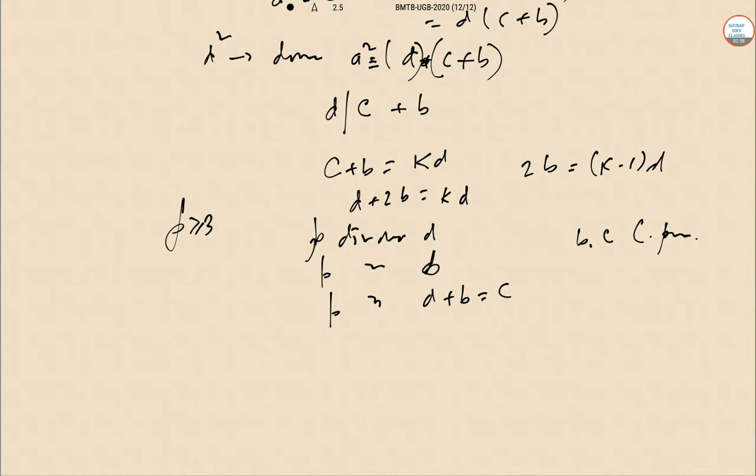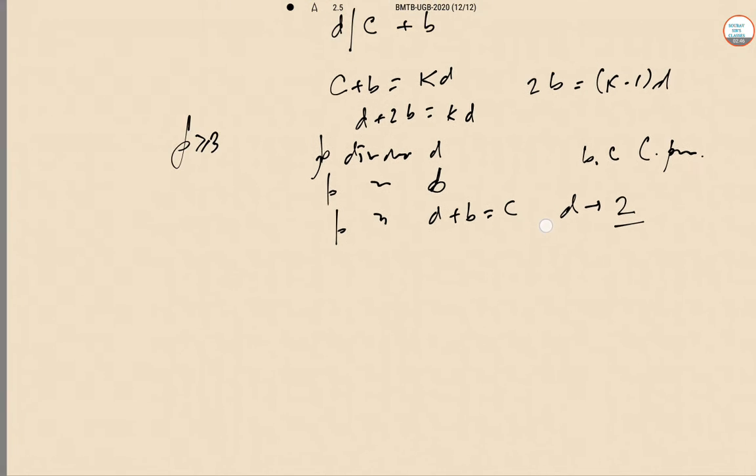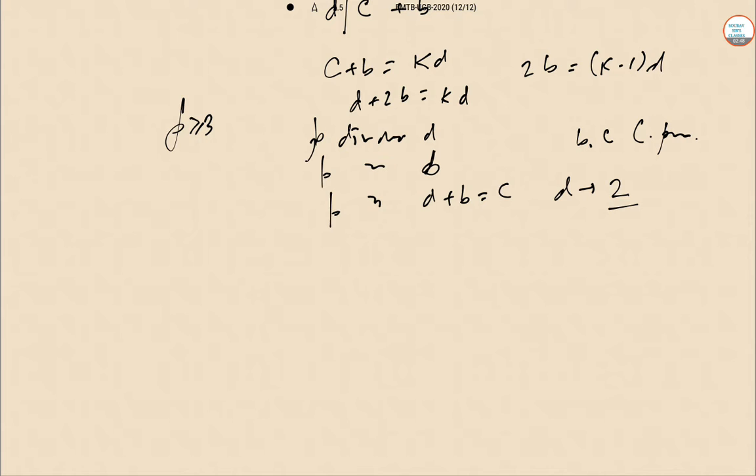So the only possible prime factor of d is 2. Remember that every number can be broken into prime factors. By the same reasoning we can show that the power of 2 in the prime factorization of d is at most 1. So we have proved that either d equal to 1 or d equal to 2.